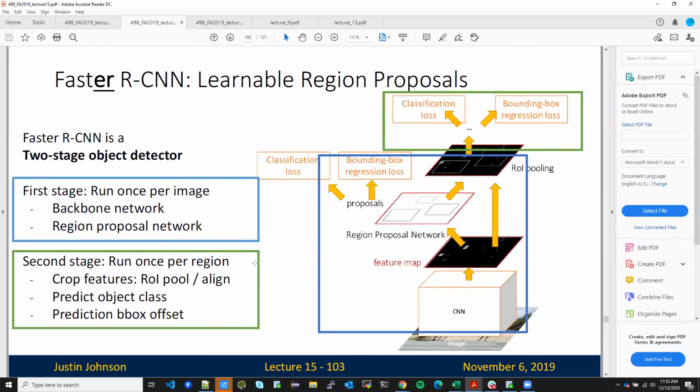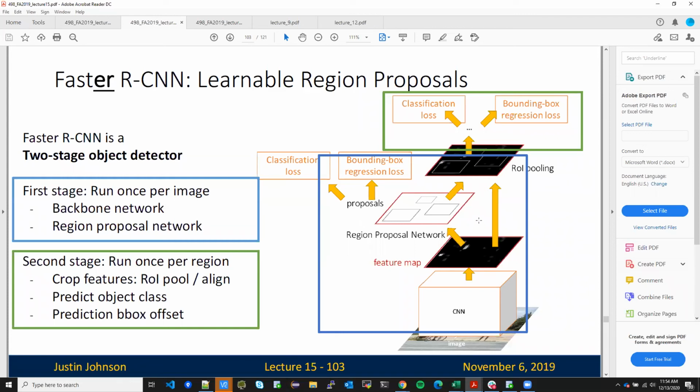Okay, this was another key summary I wanted to point out. Methods like Fast R-CNN and Faster R-CNN are called two-stage object detectors. In the first stage, you run this once per image. You have some backbone and a region proposal network.